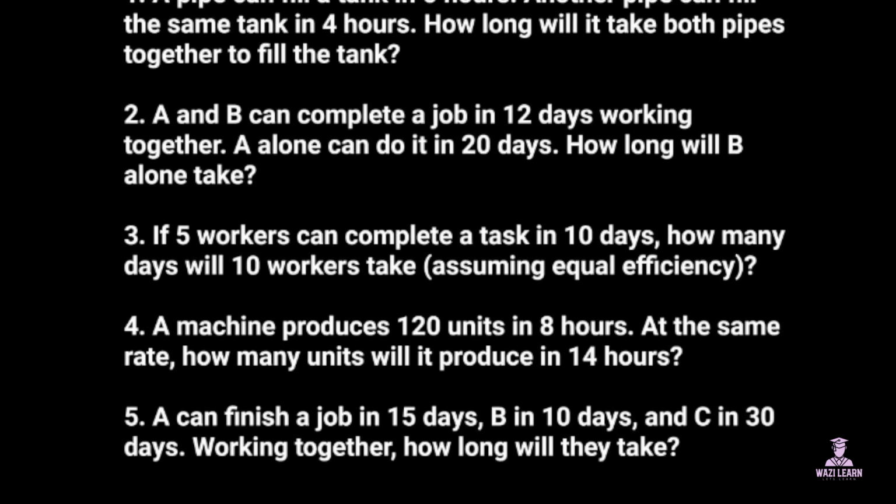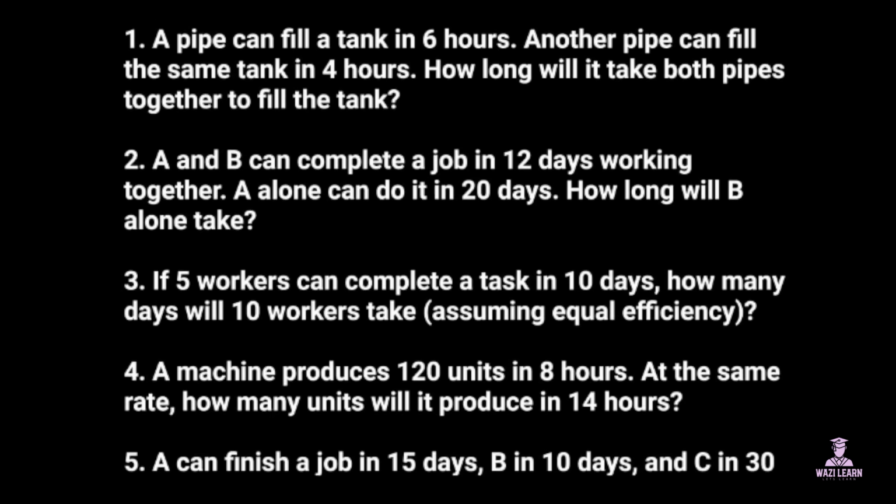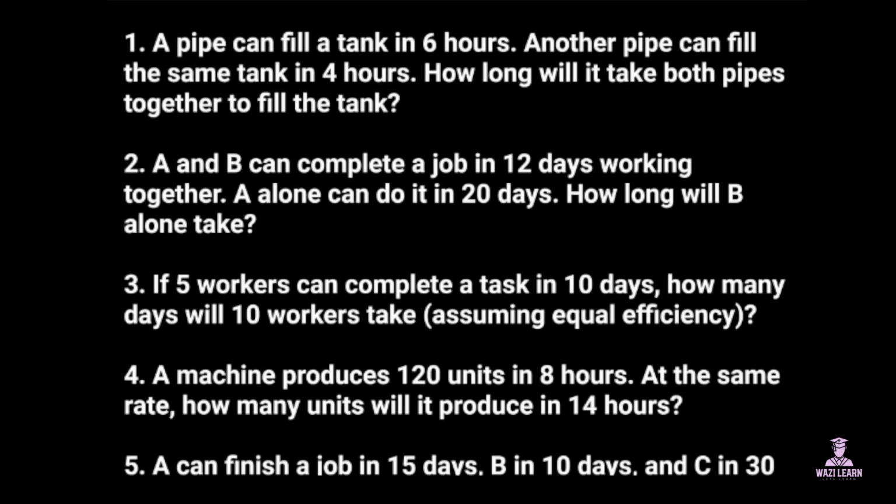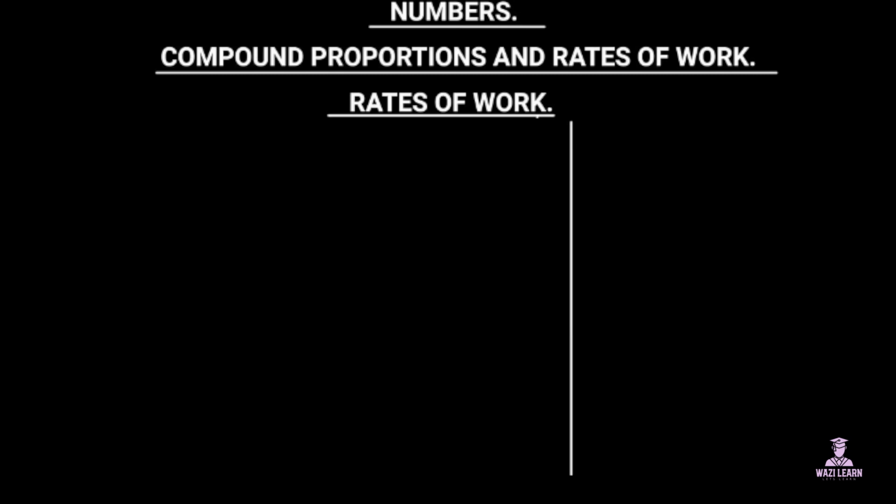Example 3. If 5 workers can complete a task in 10 days, how many days will it take 10 workers, assuming equal efficiency? So we have workers and days.